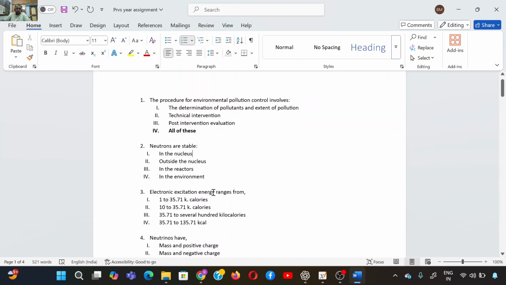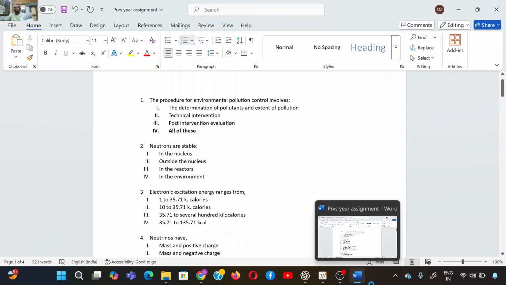Second question is: neutrons are stable in the nucleus, outside the nucleus, in the reactors, in the environment. Again, directly from the notes, they are stable inside the nucleus.